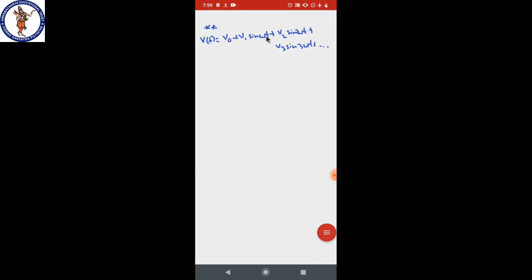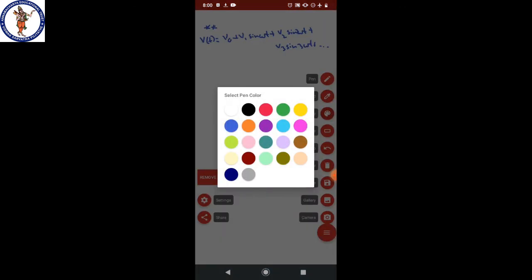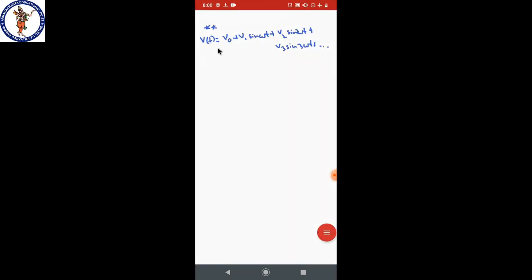Suppose you are asking what is the average value of this waveform. Now what is the average value of this circuit? V average equal to V naught.